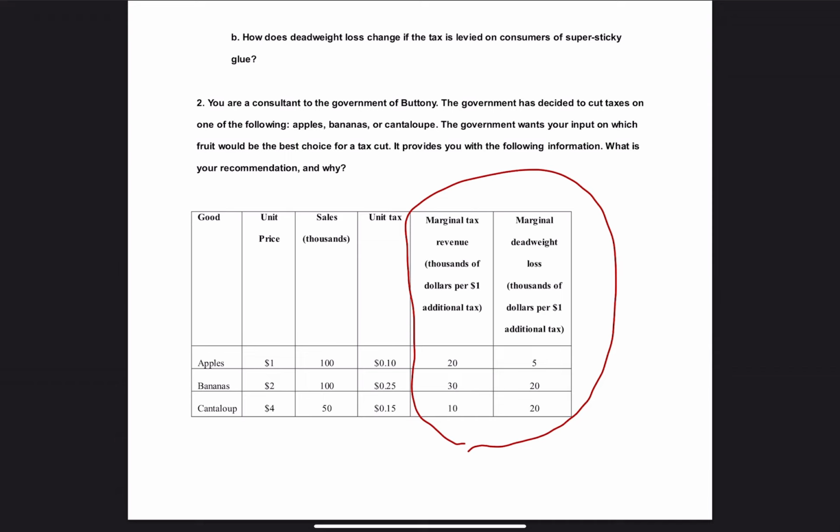What you have probably also seen in the lecture, or you will see on Monday, I'm not sure, is that if you want to have efficient taxes, they should be set in a way that the marginal deadweight burden per marginal dollar of revenue generated is equal across the goods.